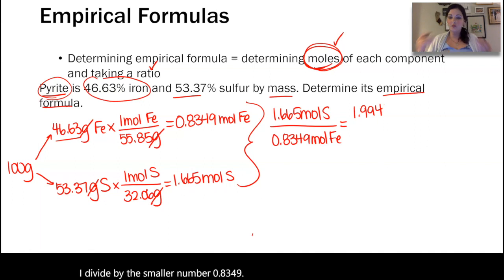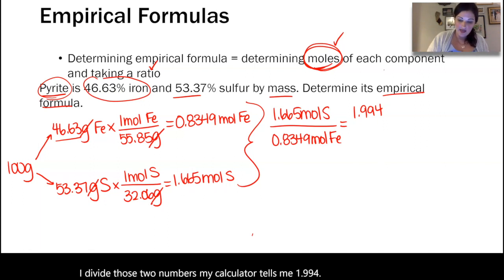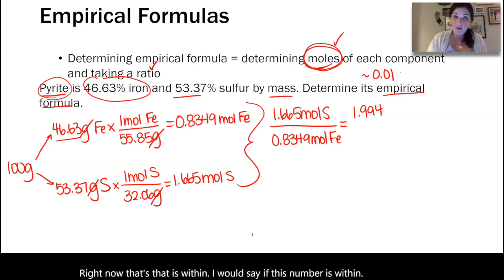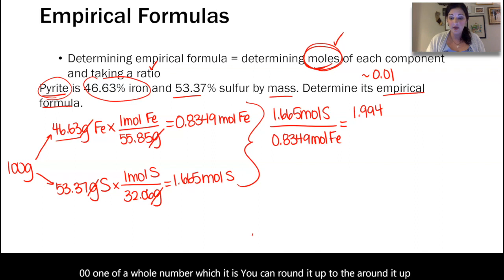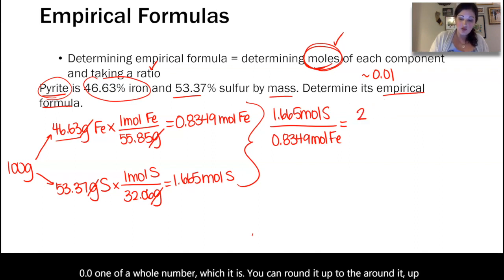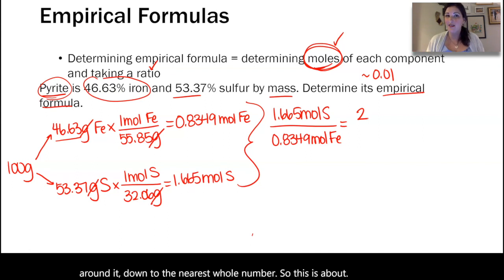Right? Now if this number is within 0.01 of a whole number, which it is, you can round it up or round it down to the nearest whole number. So this is about 2. That's safe to say that it's about 2.